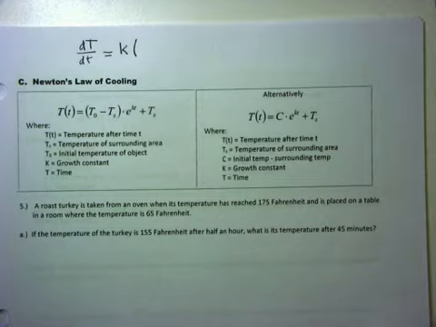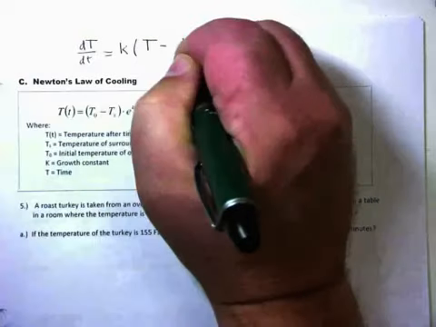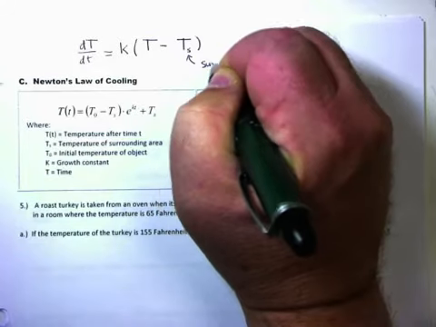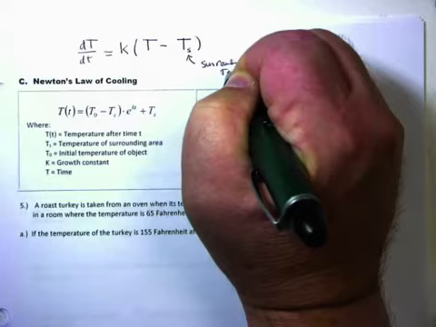The difference means I'm going to subtract the temperature of the object, which we call big T, minus T sub s, and T sub s is the surrounding temperature. Okay?